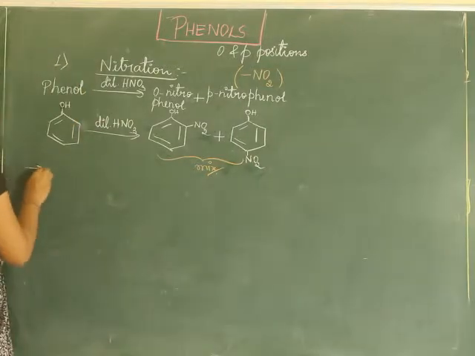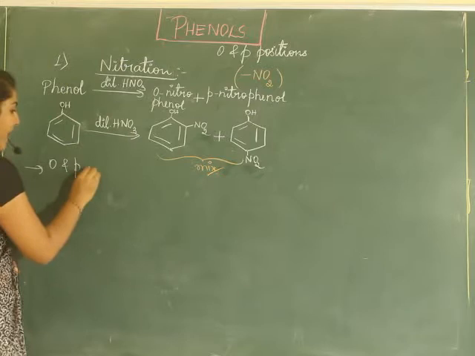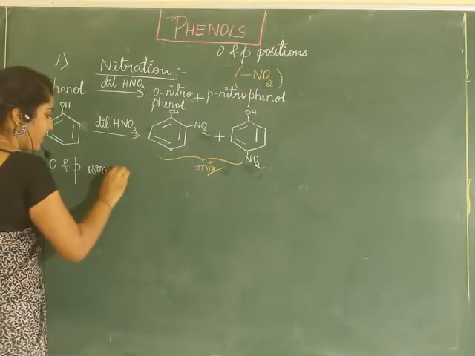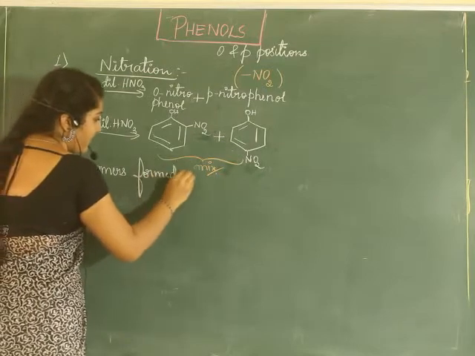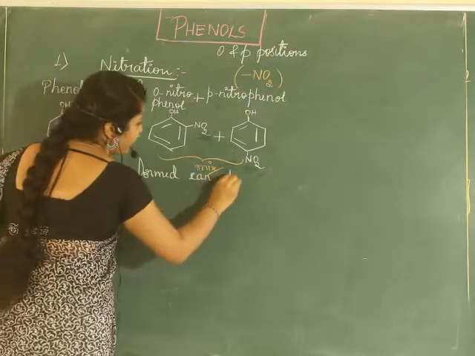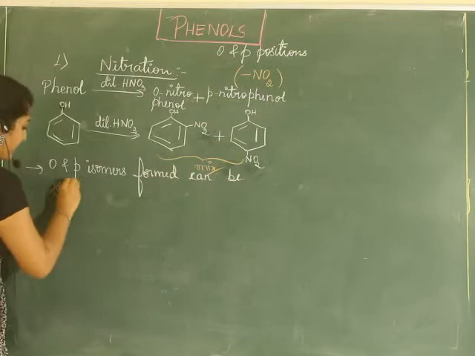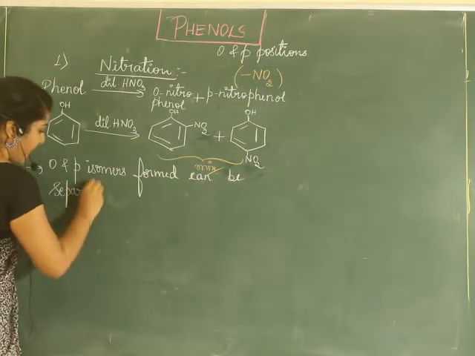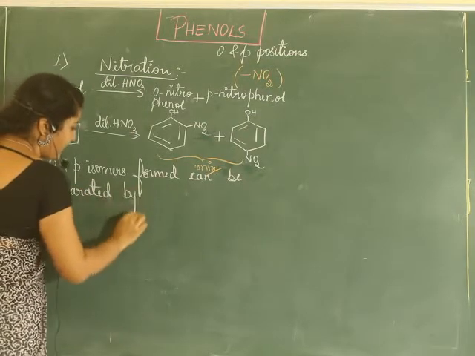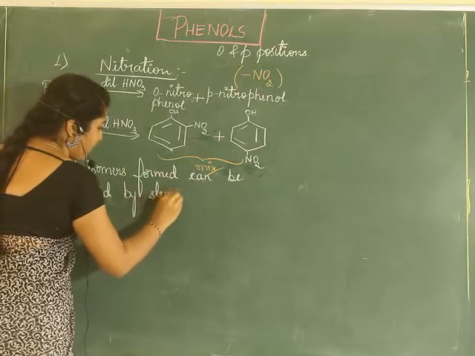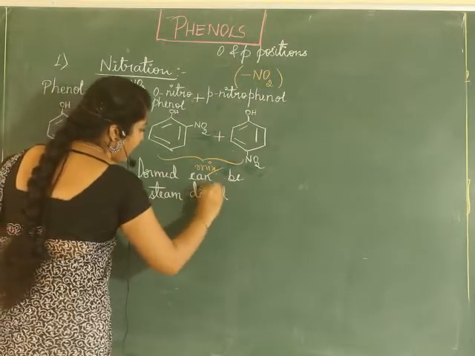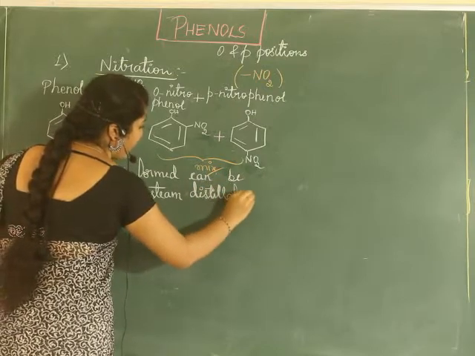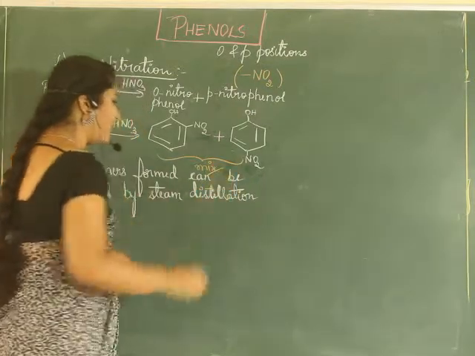So what is it? Ortho and para isomers formed can be separated by which method? Can be separated by steam distillation. Distillation, again evaporation followed by condensation, in simpler words to say.